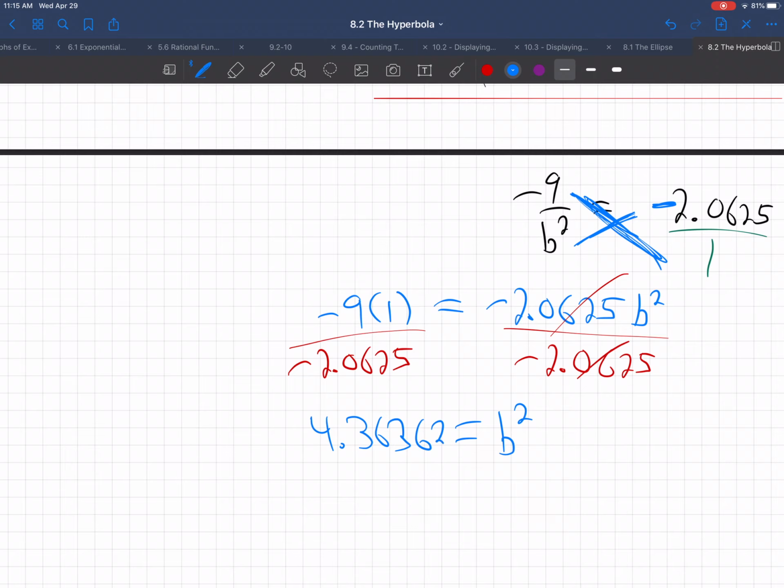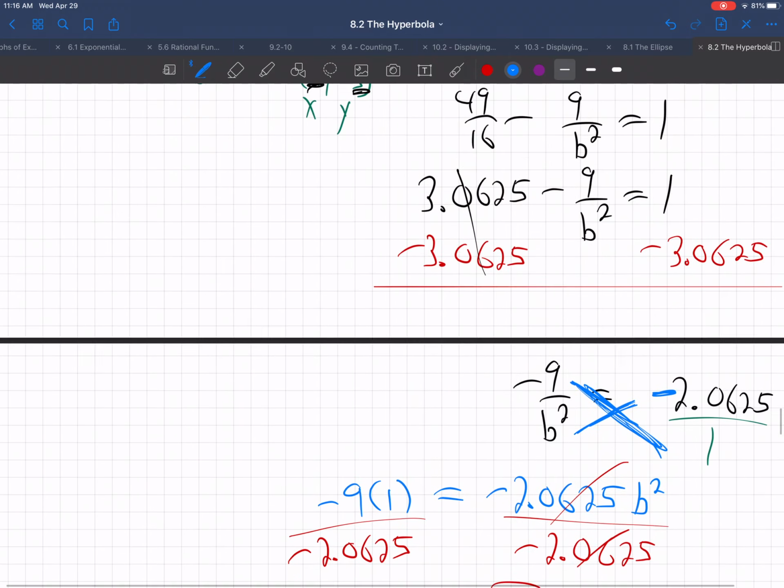It goes on and on, 36, 36, 36. How do you finish getting b alone? Root it. So b is 2.088993. You better use a lot of accuracy here. So that's b. So now we're ready to finish off the equation.